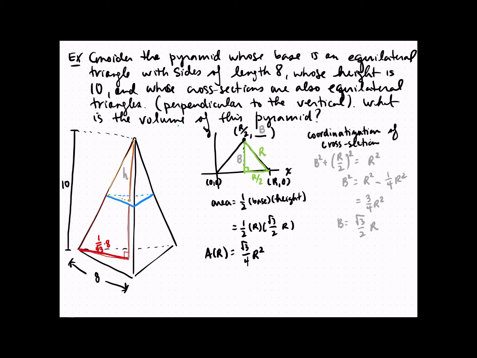So the next thing I want to find out is what is that distance there? I've got this set of triangles. This distance is h. This distance is 10. This distance is 8 over root 3.